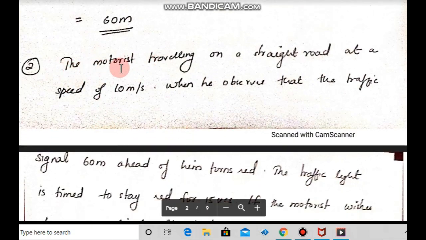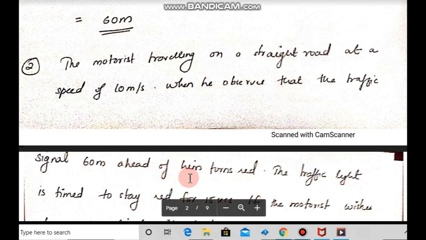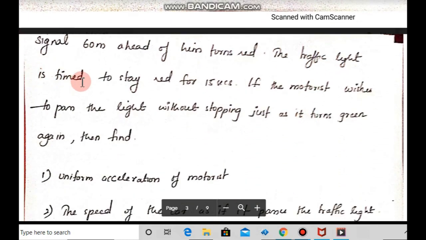Next problem is, a motorist is traveling on a straight road at a speed of 10 meter per second. When he observes that the traffic signal 60 meter ahead of him turns red, the traffic light is timed to stay red for 15 seconds.